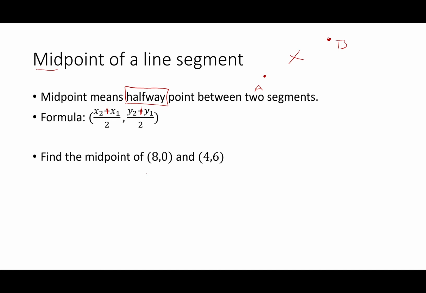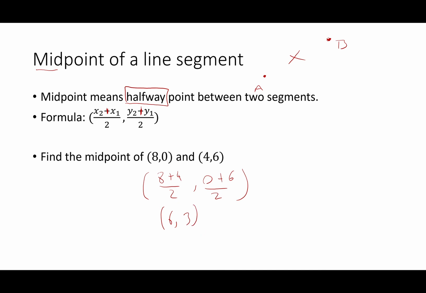So in this question, we're going to say 8 plus 4 divided by 2, 0 plus 6 divided by 2. So we're adding the x's, and then we add the y's and divide them by 2. So this will be 12 divided by 2 is 6. 0 plus 6 divided by 2 is 3.